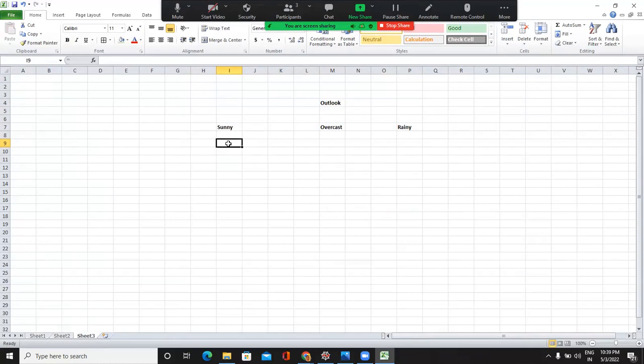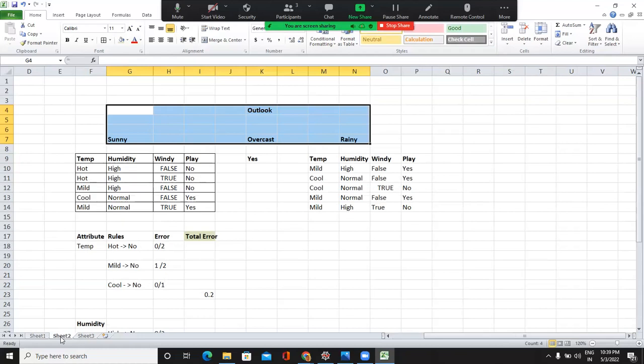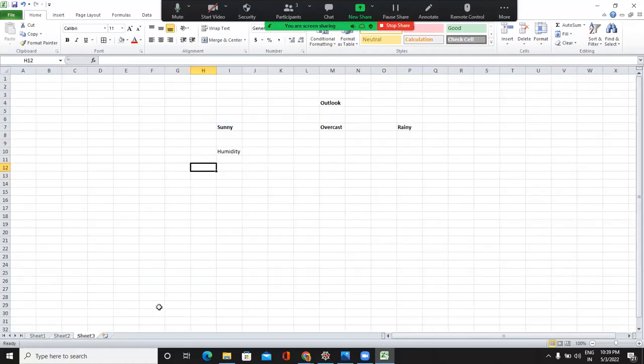We will have humidity as the attribute. And the possibilities are when the humidity is high or normal. So sunny and humidity is done.